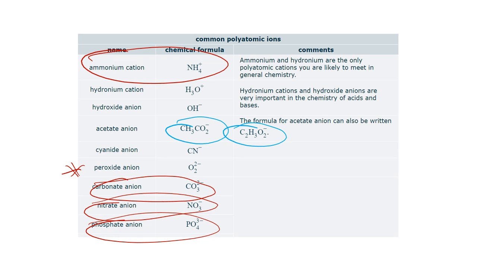If you look at it, it's the same amount of carbons, hydrogens, and oxygens, and the same charge. So I prefer C2H3O2 minus just because I'm better at remembering it. Every time I have to write the first way, it takes me a couple seconds, but you can write it either way, it doesn't matter.